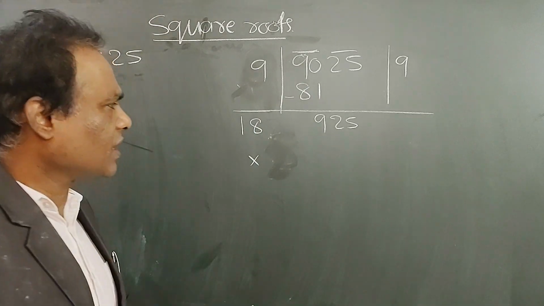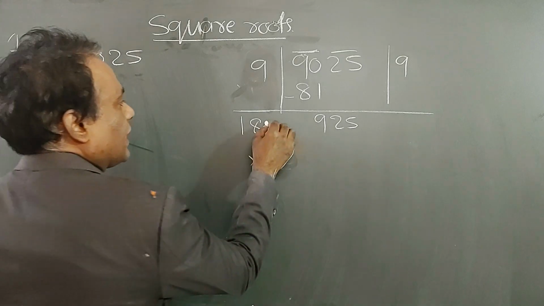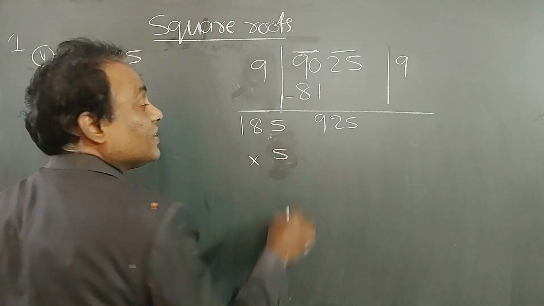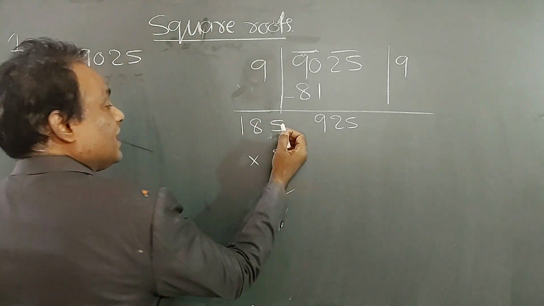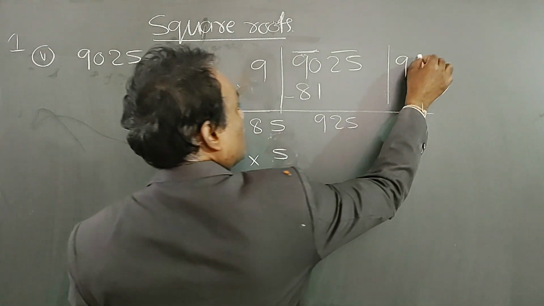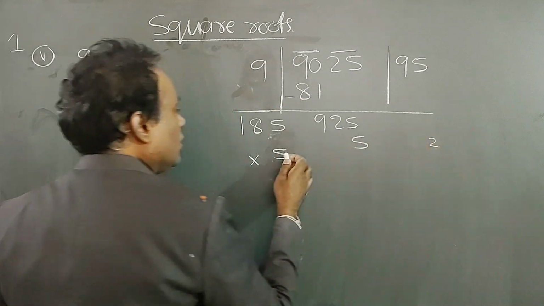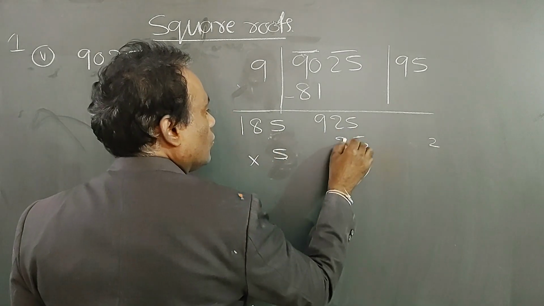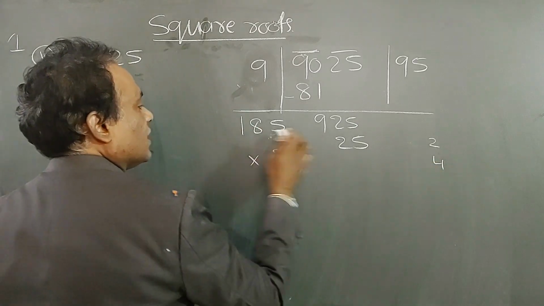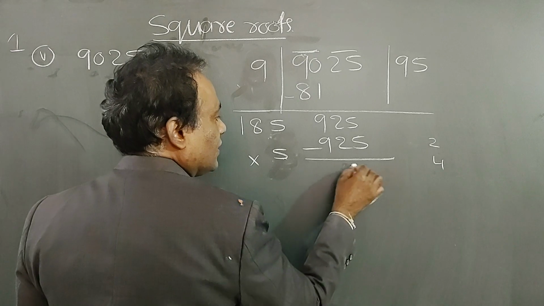Only try with 5, because 5 into 5 only will give 5. So write 5 and multiply with 5. 5 5s are 25. 5 8s are 40 plus 2, 42. 5 1s are 5 plus 4 is 9, so 925. Subtraction gives 0.